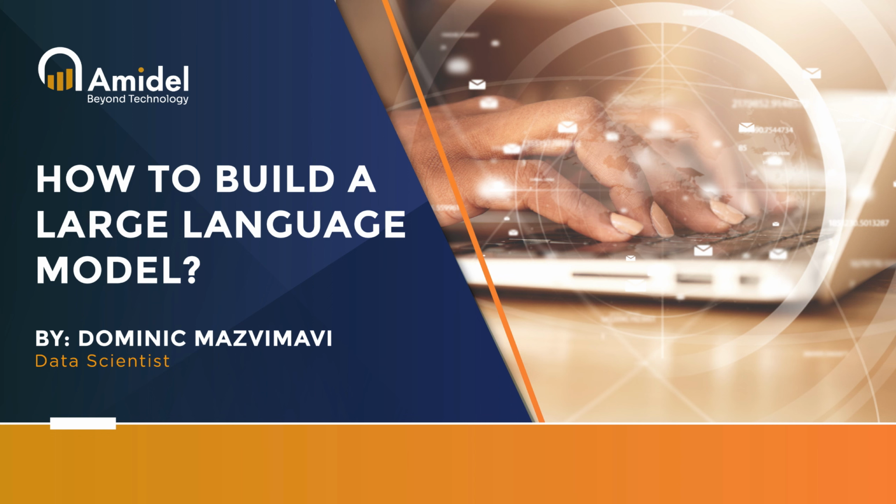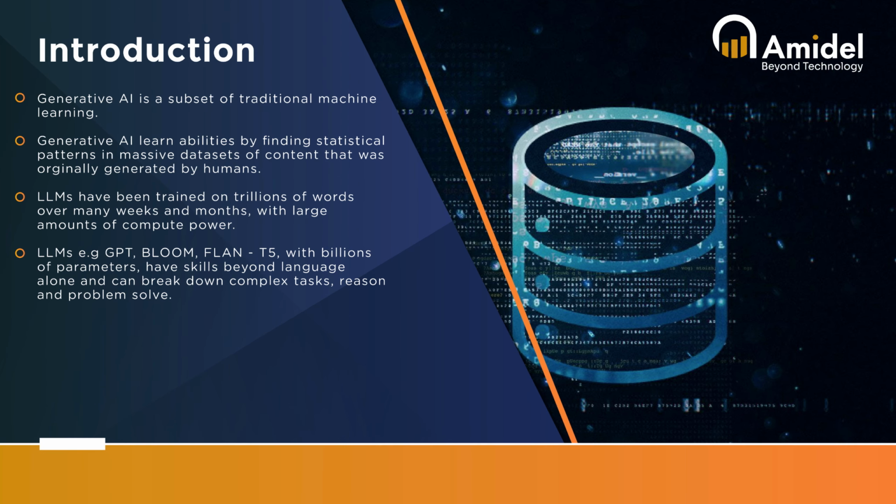Okay, so we need to first talk about generative AI before we speak about large language models. Generative AI is a field under machine learning where its models learn various abilities by finding statistical patterns in large data sets of language originally created by humans.